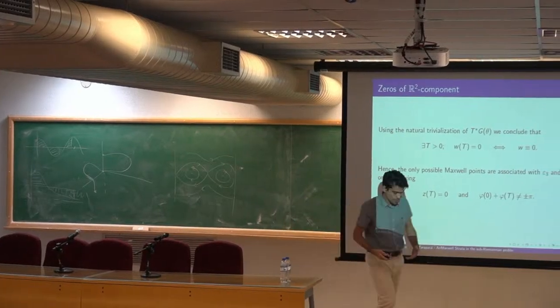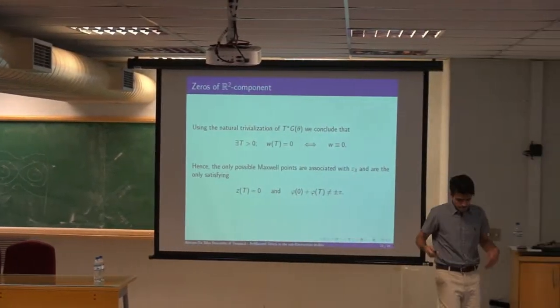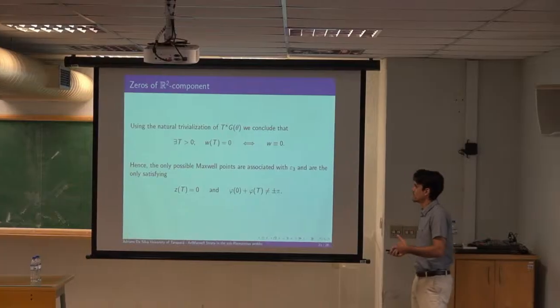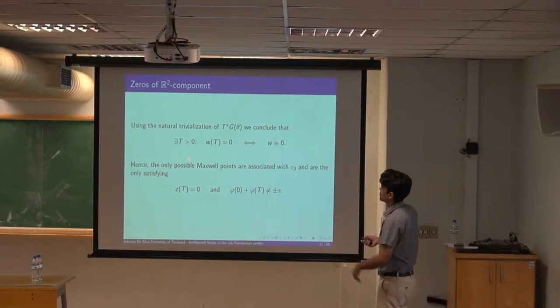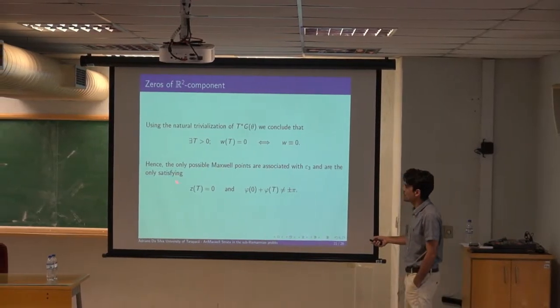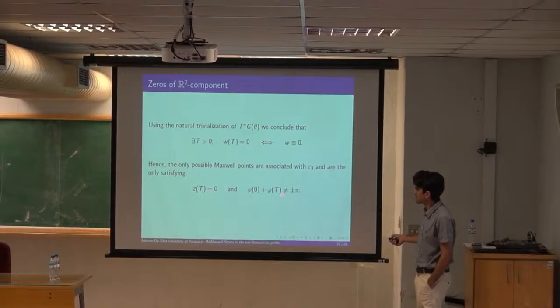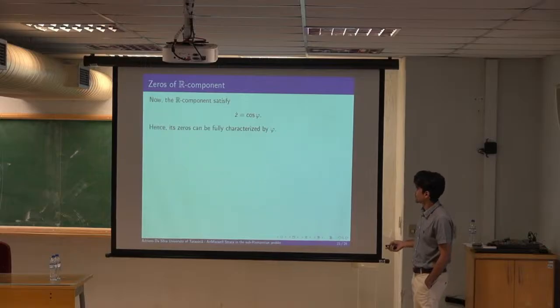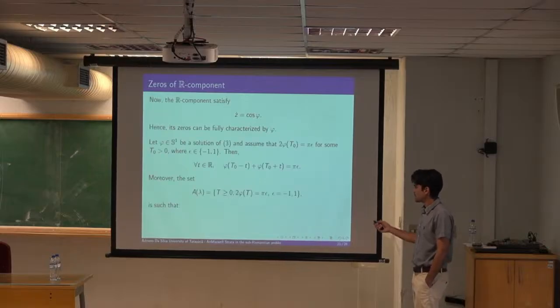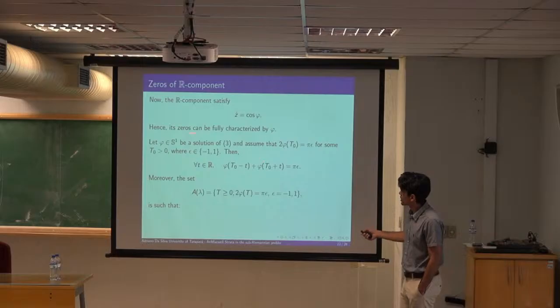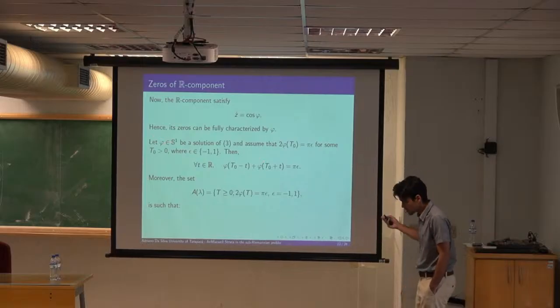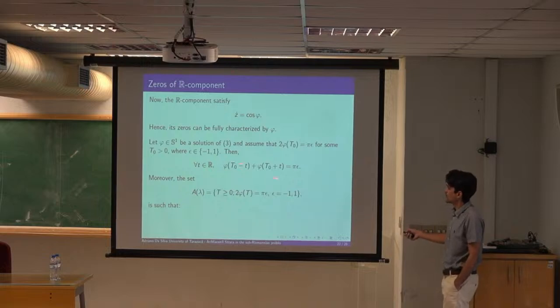Okay, so the problem of finding Maxwell points basically lives in finding zeros of this function Z conditioned to this restriction. Here you see that the solutions of phi, although not necessarily computable, have some nice properties.